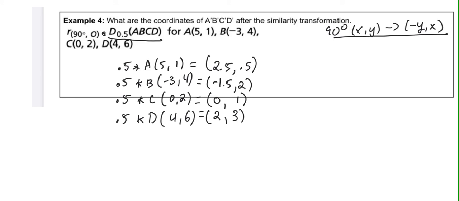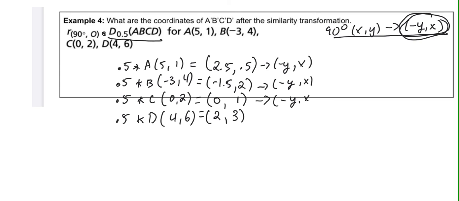Now, right, we're going to need to use this formula. So, right, we need to change it to (-y, x), because we're doing a rotation of 90 degrees, right? This is the 90-degree rotation. This is the dilation of 0.5. So, last step, right?